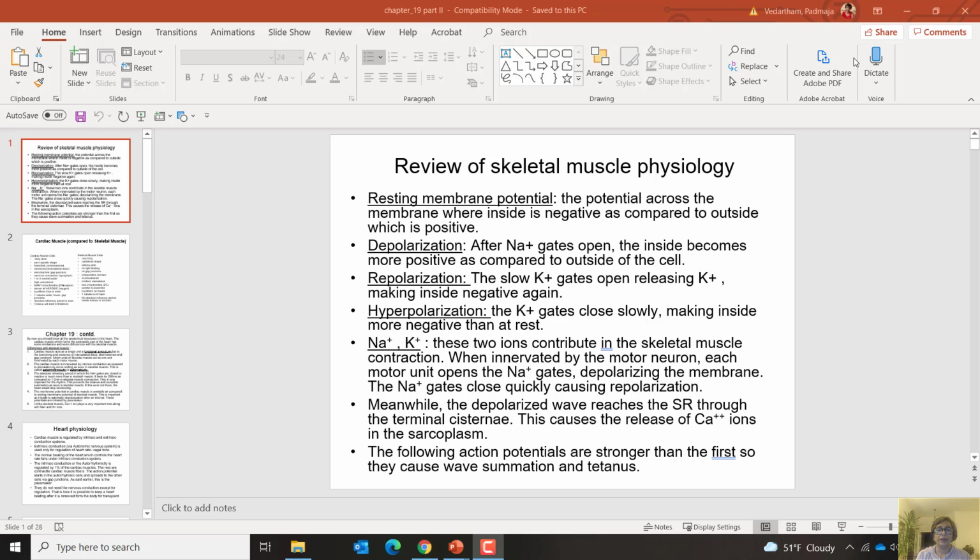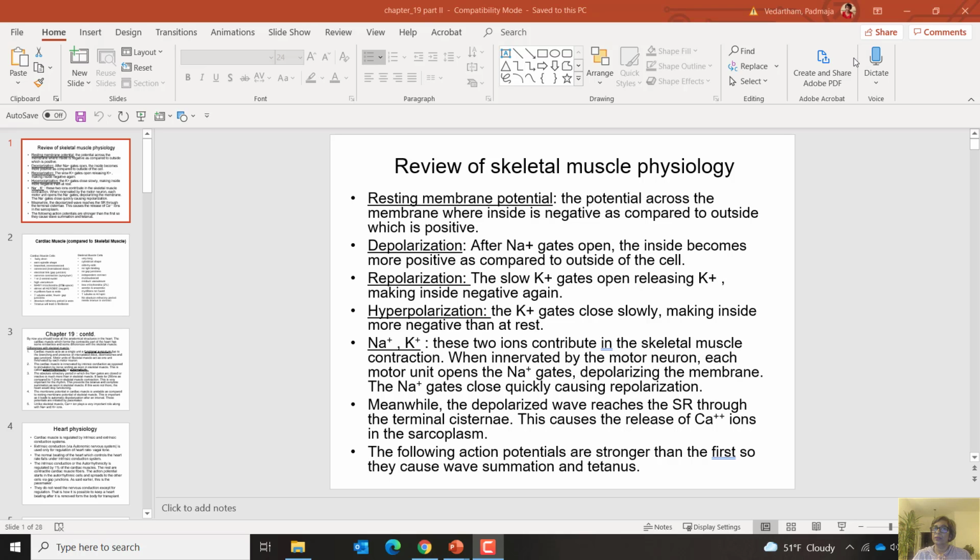In skeletal muscle, we spoke about calcium channels in the terminal cisternae and how calcium is released. It attaches to the troponin, thereby releasing the tropomyosin for the myosin head to attach to the actin filament, and then the shortening takes place.